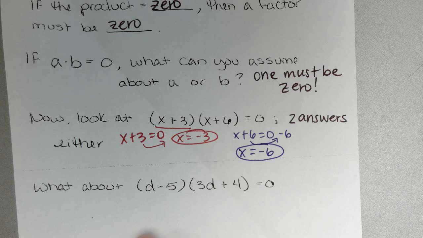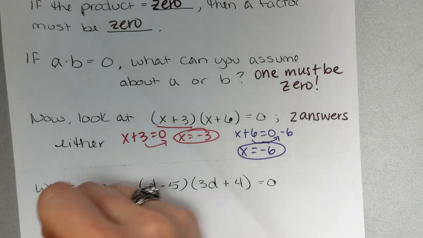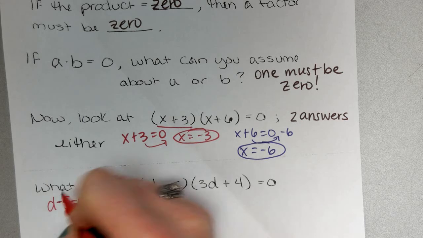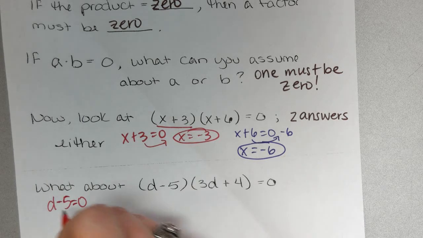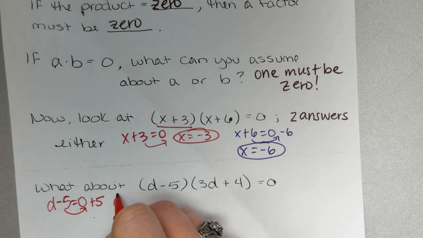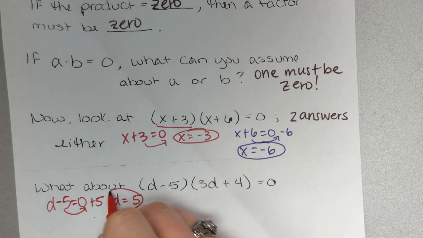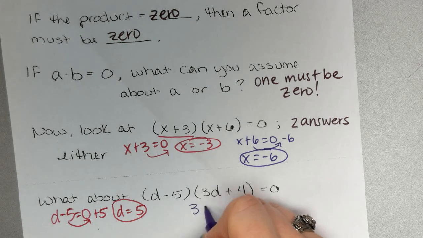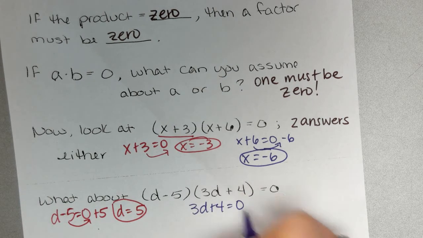Let's do these others. d minus 5 times 3d plus 4 equals 0. So we're just going to set them both equal to 0. d minus 5 equals 0. Solve for d. So when you move that over, it becomes a positive 5. So d equals 5. That's one answer. And the other one, 3d plus 4 equals 0.